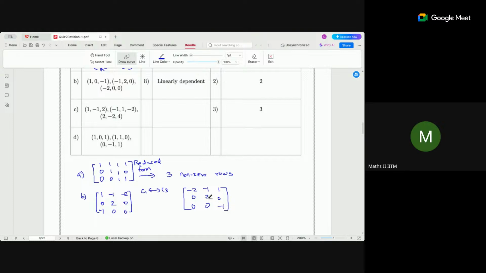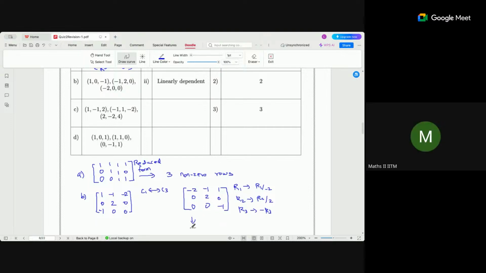Now you divide each of the rows by the corresponding numbers, like R1 replaced with R1 by minus 2, R2 replaced with R2 by 2, and R3 replaced by minus R3. So in each of these cases, you will just get 1 1 1. So how many non-zero rows do you see in this matrix? 3.